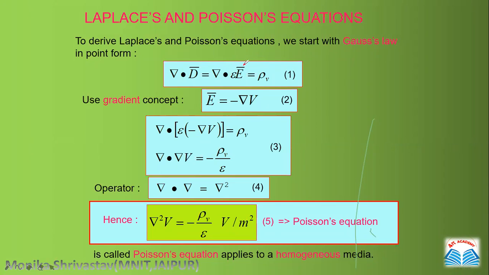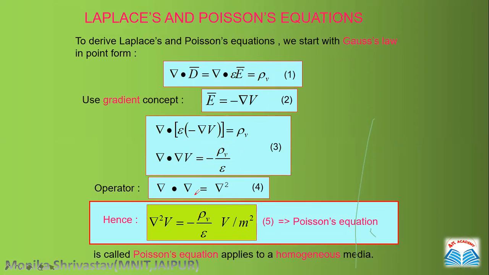This E can be replaced by minus del V. So we are doing this, and what we are getting, this minus sign will come here, and del dot del V equals minus rho v over epsilon, we are getting in equation 3, and thus we are getting del squared V. What is this del squared?